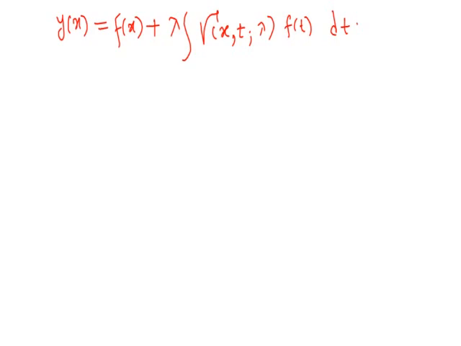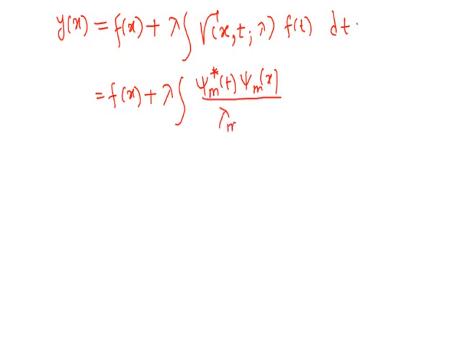This is equal to f of x plus lambda integral xi m star of t xi m of x divided by lambda m minus lambda, f of t dt.